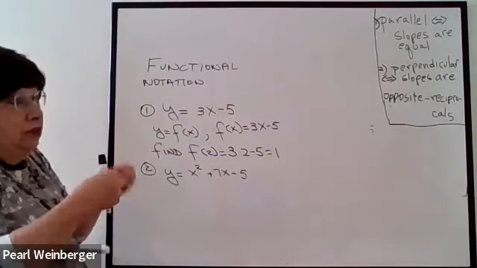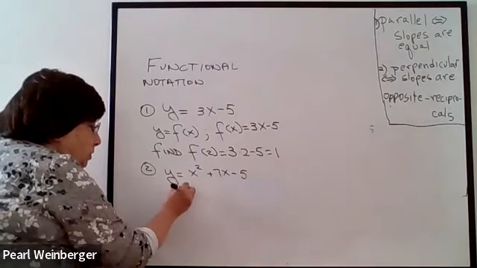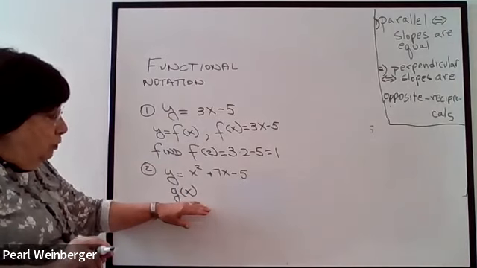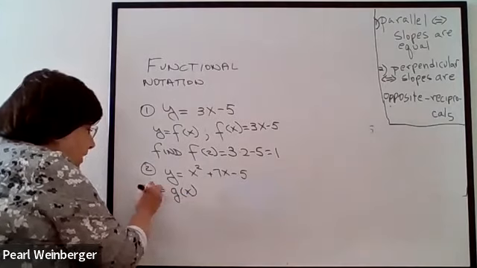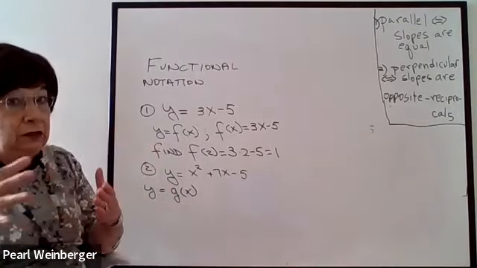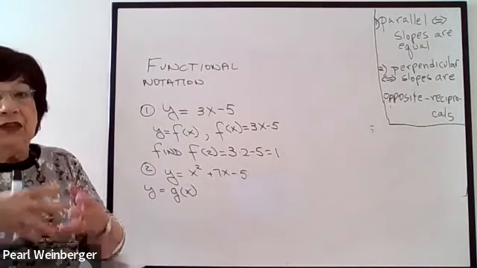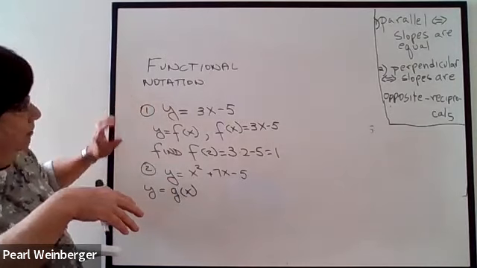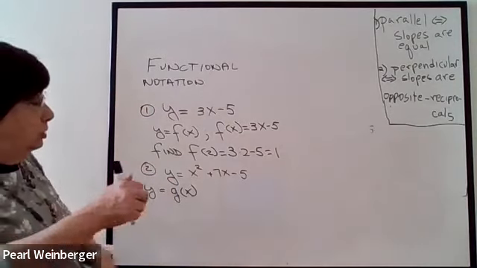If I use a different letter for the other function, I could call this one g of x. Now, all I'm doing is saying g of x is also equal to y. But now it's going to be easy to determine which equation I want you to look at. Because if I say find f of x, you'll know to look at equation 1. If I ask you to find g of x, you'll know to look at equation 2.